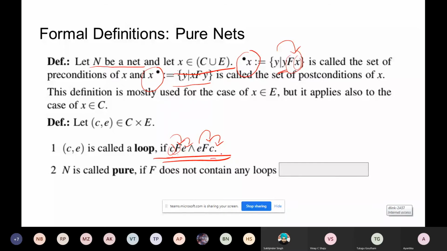In both cases, this is C. In this case, you can consider that a loop.